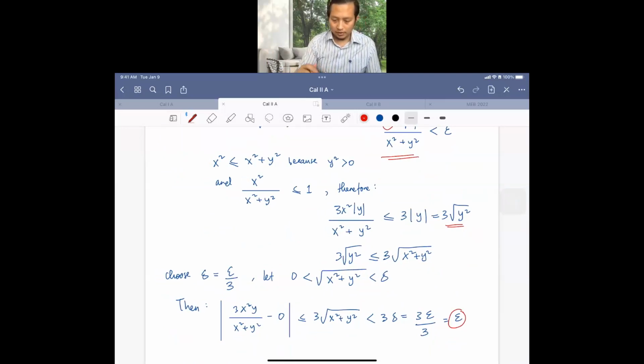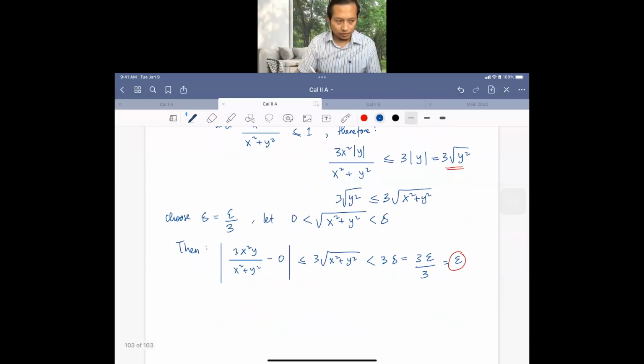And then as a result, we can write as a conclusion, by definition, this equals 0.